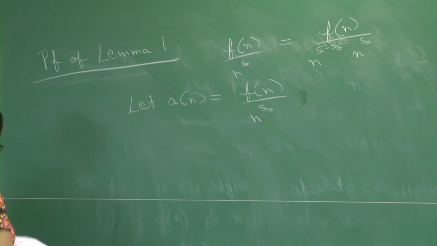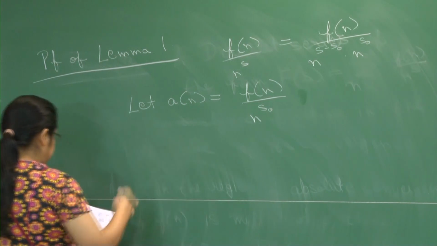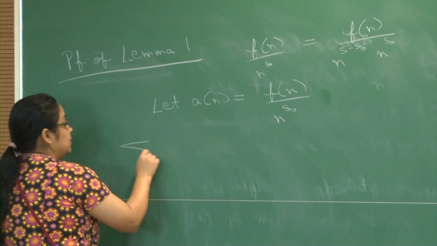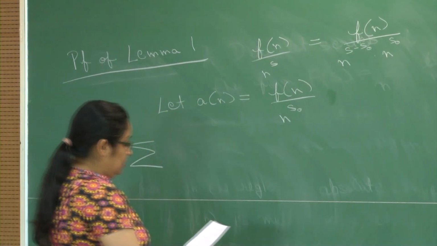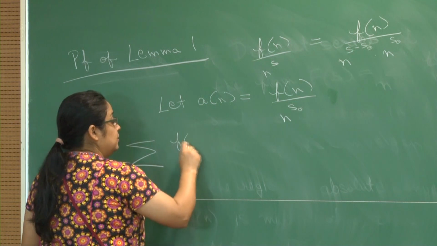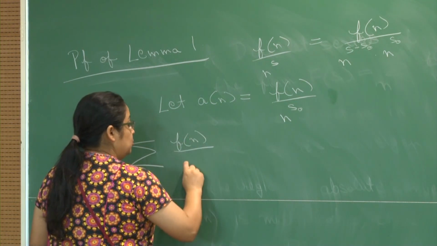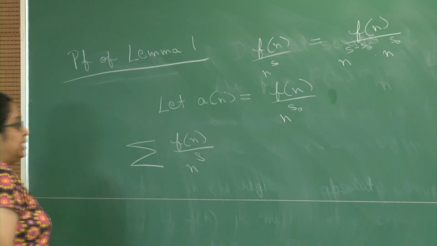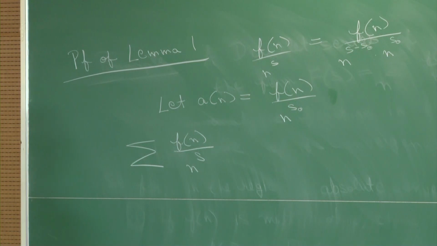What you have is the following. So suppose you have f of n over n raised to the s, right?